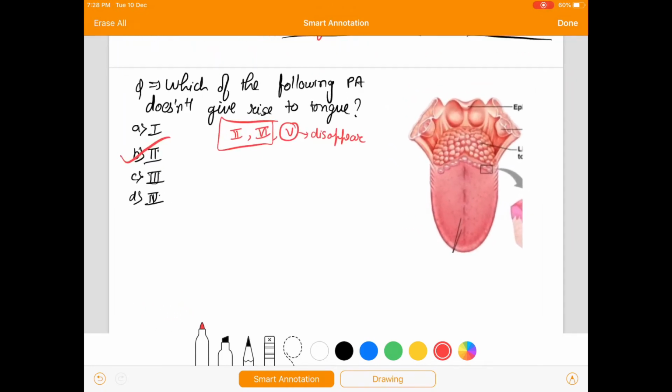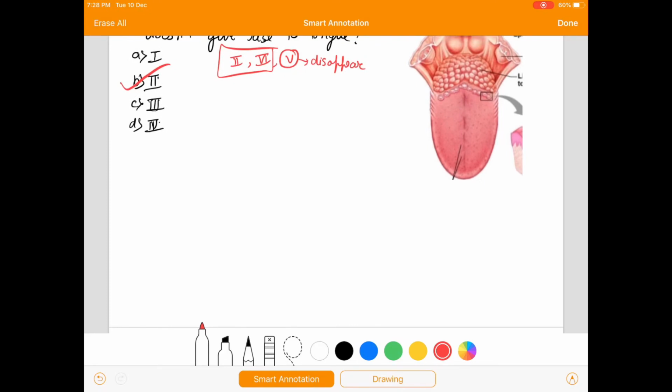Now we are done with the pharyngeal arches which give rise to the different parts of the tongue. Now let us move towards the nerve supply. Sorry, wait a minute, I will draw a tongue and then we'll proceed.